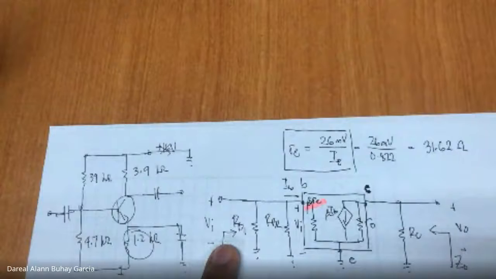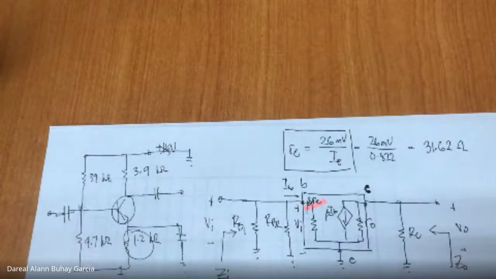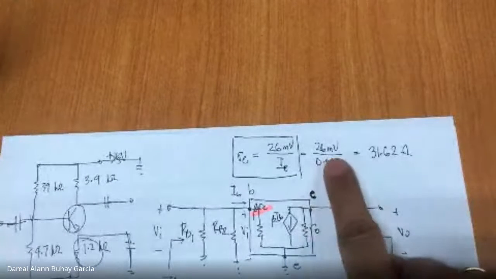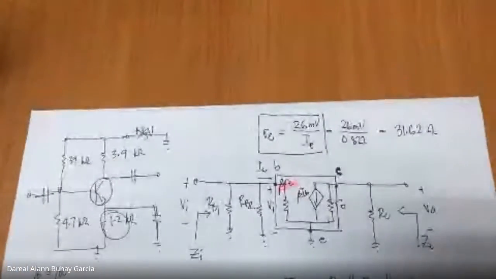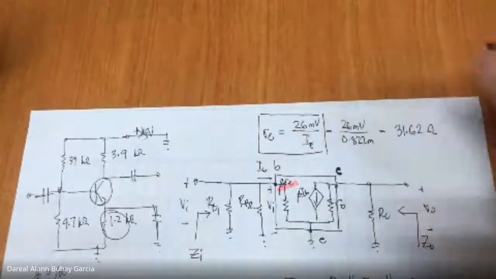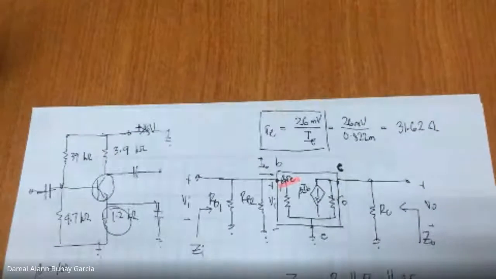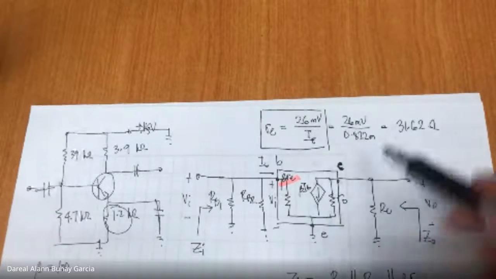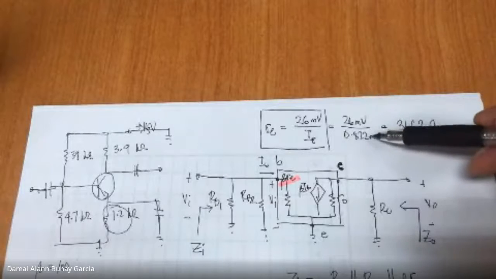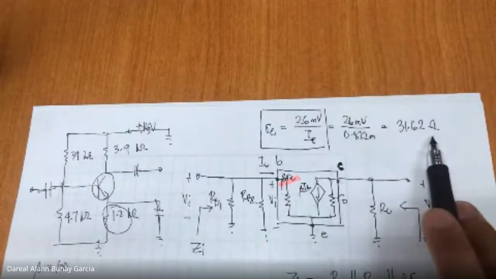RE is 26 millivolts over IE. So, 26 millivolts is constant na siya. Si IE is nakuha nato sa atong DC analysis, no? Yeah, sakto. So 26 millivolts over DC IE is 31.62. Okay?